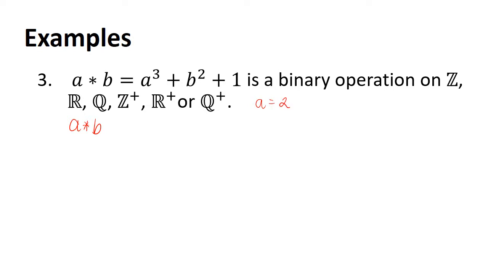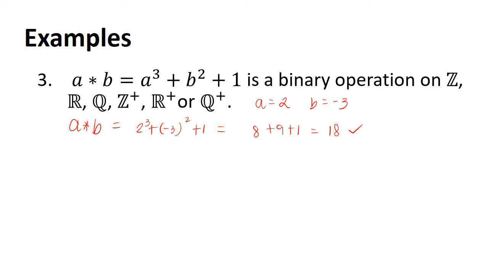If a equals 2 and b is negative 3, we get a star b equal to 2 cubed plus negative 3 squared plus 1, which is equal to 8 plus 9 plus 1, and we get 18. And 18 is an integer. And therefore, yes, the operation defined by a star b equals a cubed plus b squared plus 1 is a binary operation on Z.